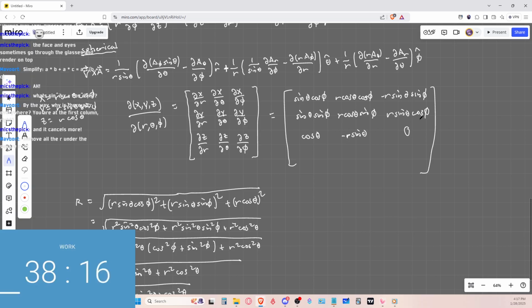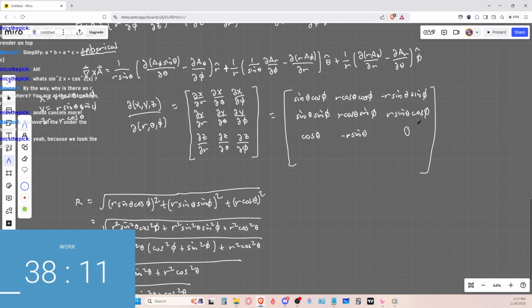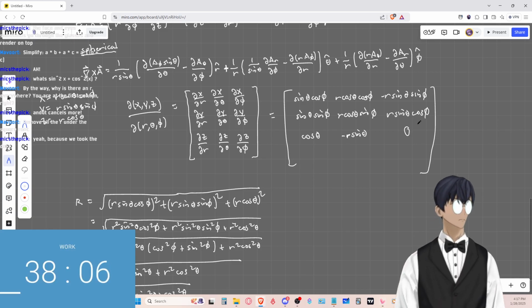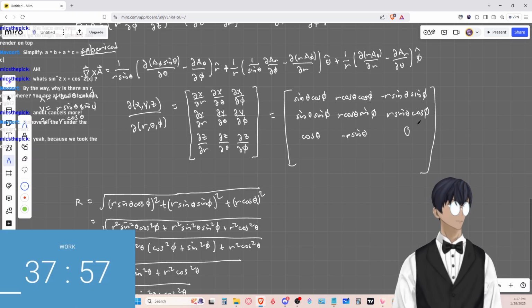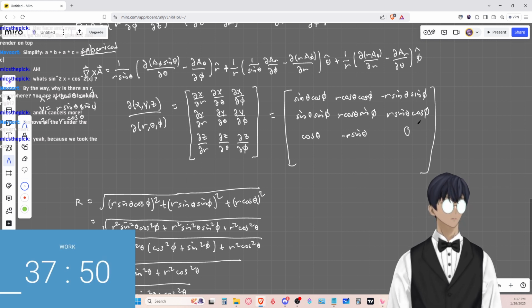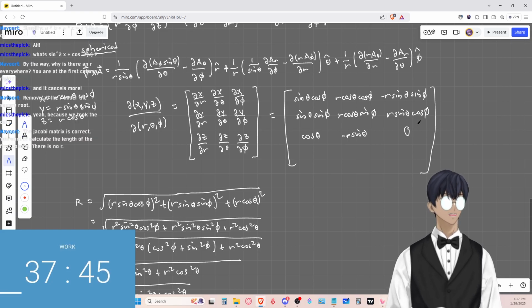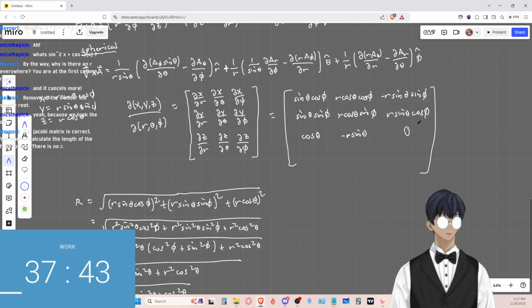I think it's because I was differentiating them. Remove all the R under the square root. Yeah, because we took the del R. It cancels more. Yeah, we love it when things cancel.